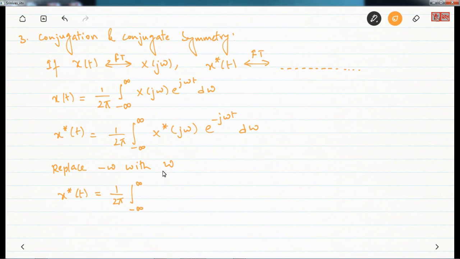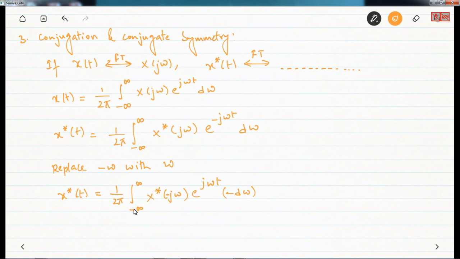When you take the integral from minus infinity to plus infinity or infinity to minus infinity, it depends on the integrand. So it will be x conjugate of j omega e power j omega t minus d omega.